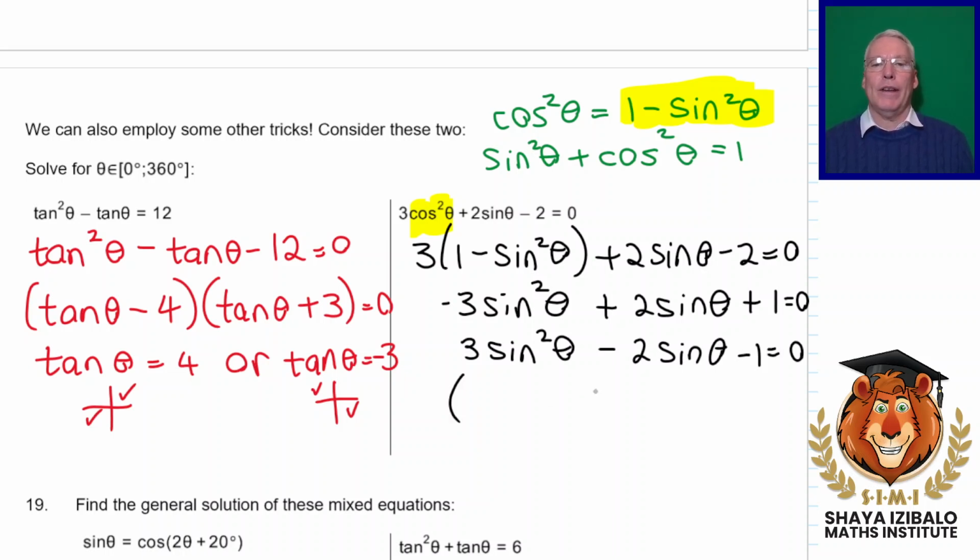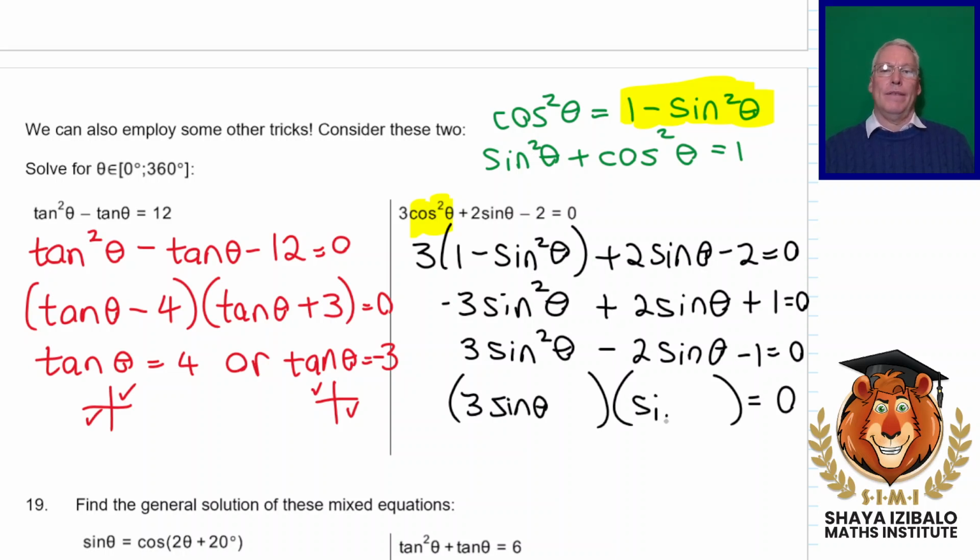Okay, and so this is going to factorize to 3 sine theta and sine theta and a +1 and a -1. And in fact, we're going to need to put the -1 there to get -3 sine theta plus 1 sine theta. Right, now, this is now sine theta equals -1/3.